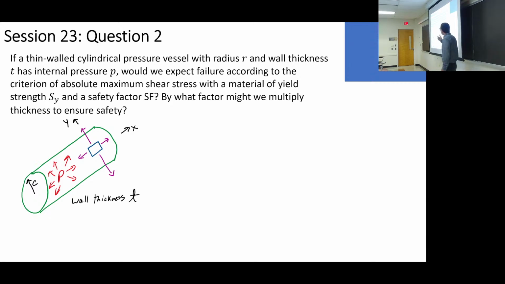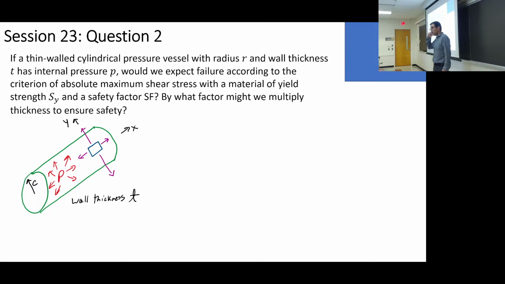Okay? So let's say that there's a safety factor of 2. But the stress that we calculate by the maximum shear stress theory, let's just say that it's equal to the shear strength of the material, which is equal to half the yield strength of the material from a tensile test.